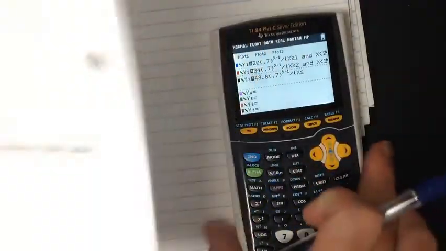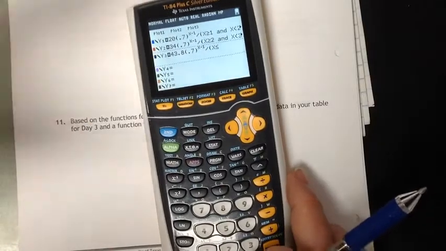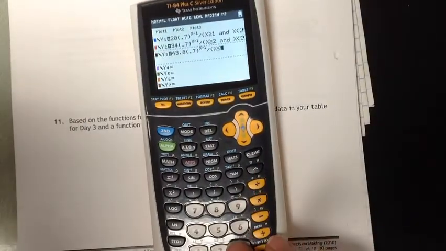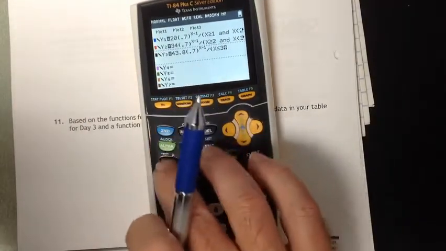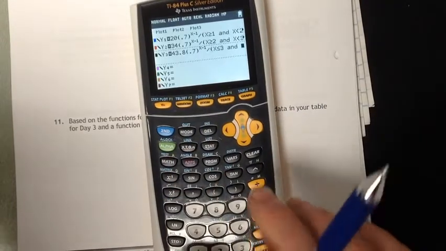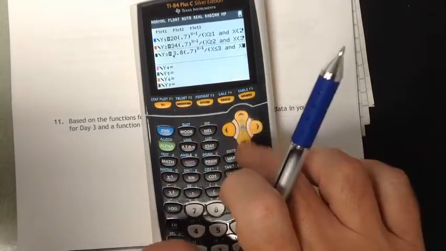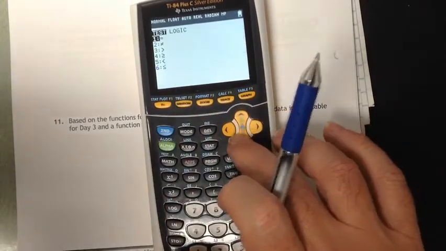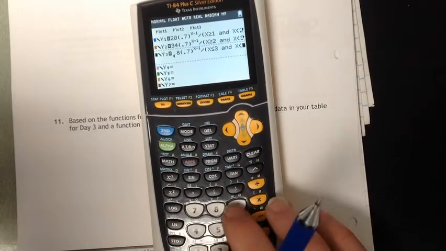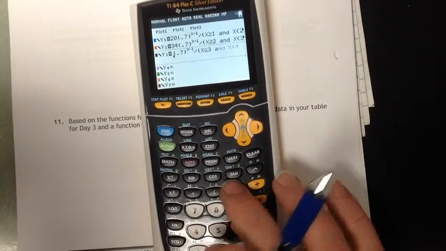What is it? 43.8. Oh, I'm sorry, I already have 43.8. x is less than or equal to 3, and x is less than 4. Close my parentheses.